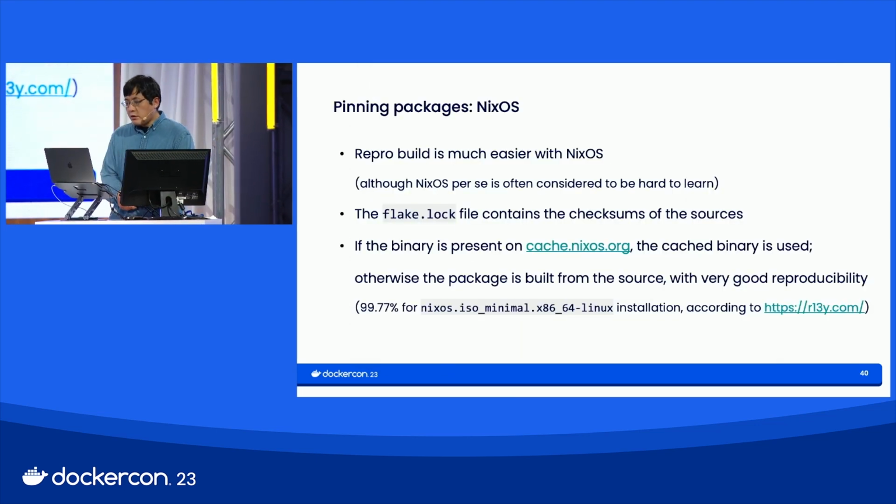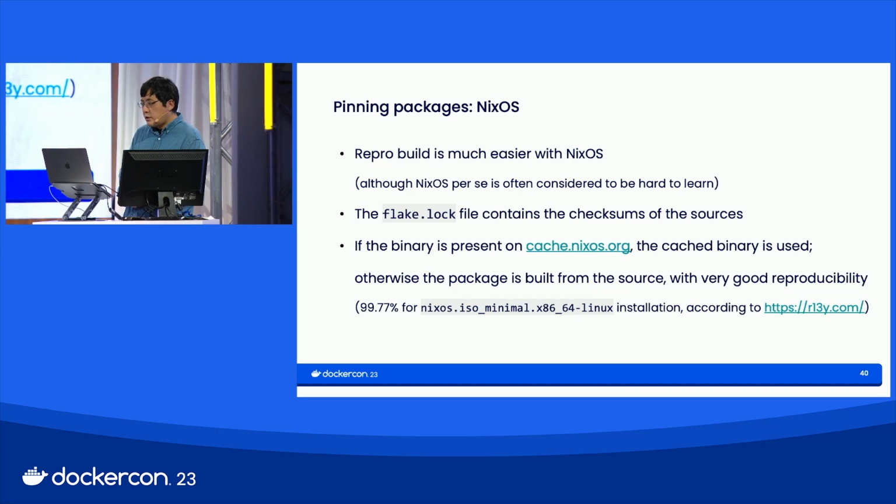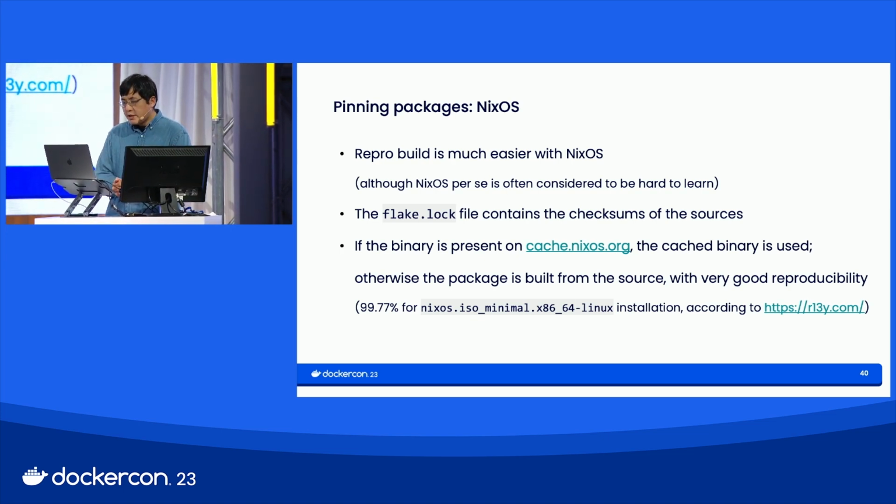And you should also consider using NixOS instead of Debian and Ubuntu, because reproducible builds is much easier with NixOS. But NixOS itself is often considered to be hard to run. But in the case of NixOS, you have a lock file called flake.lock that contains a checksum of the sources.